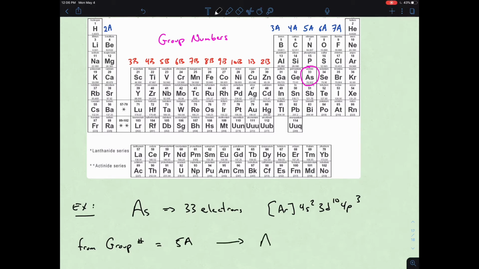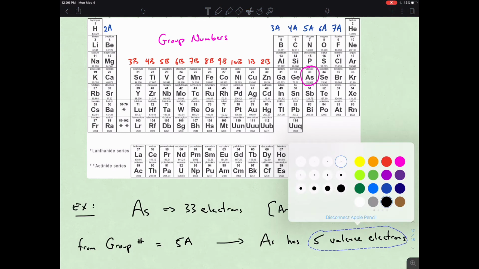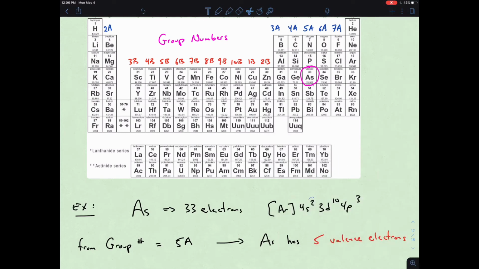I can say arsenic has 5 valence electrons. And they're right here, the 4s and the 4p.